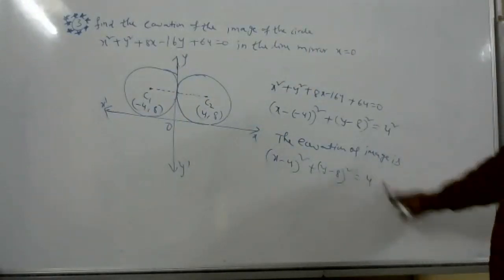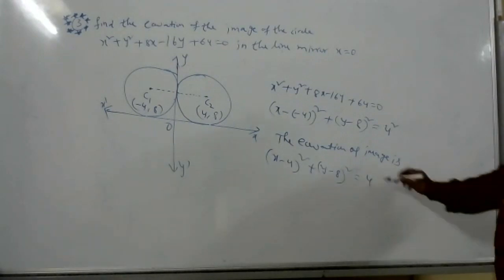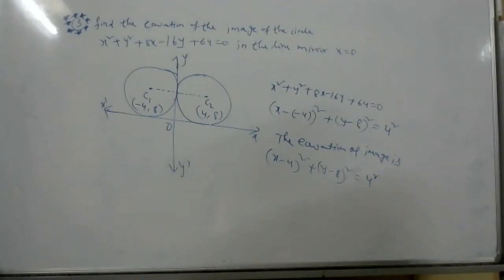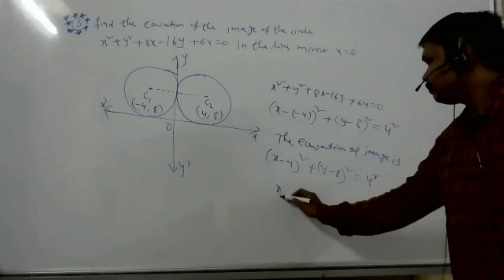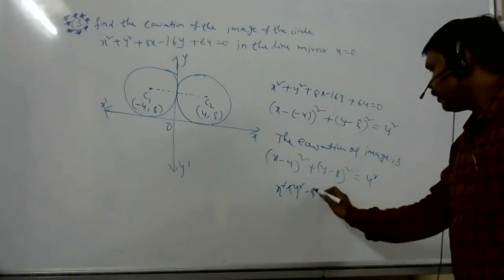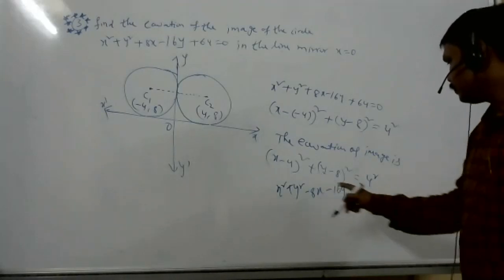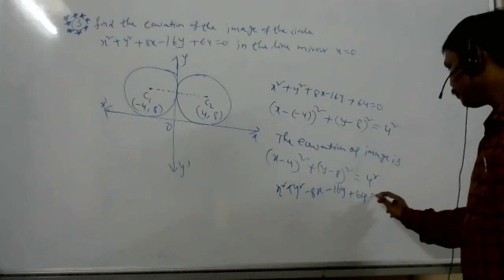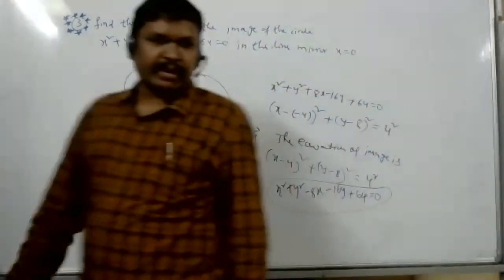So the board is completely clear. Okay, now it's fine. x square plus y square minus 8x minus 16y plus 64. Sir, this is the final equation.